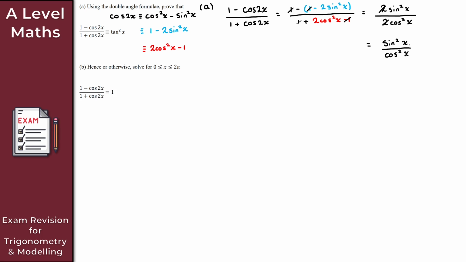Okay, so sine squared x over cos squared x. And you should be aware then that sine squared x over cos squared x would just give us tan squared x, exactly as we require, right? So as required there. So this here then is equal to the right-hand side. And there we have it, proof complete. So as required there.